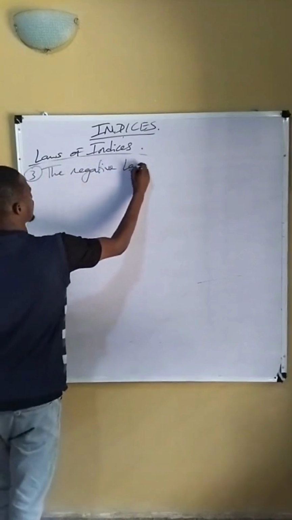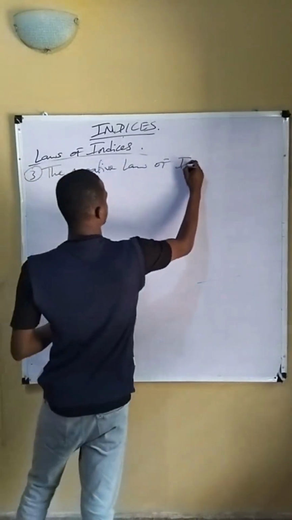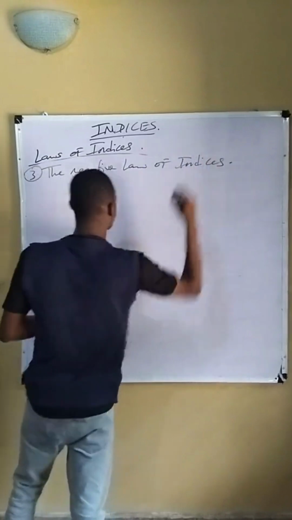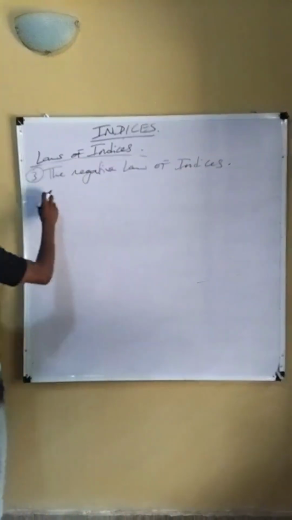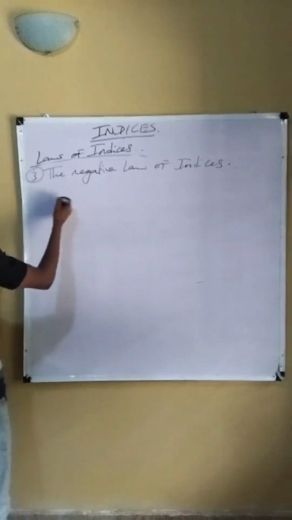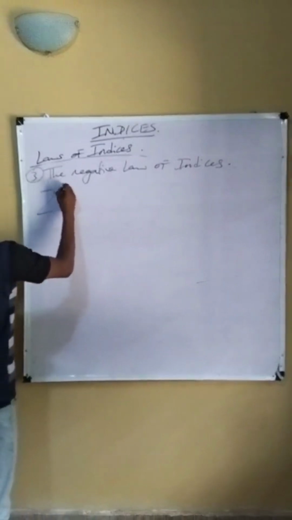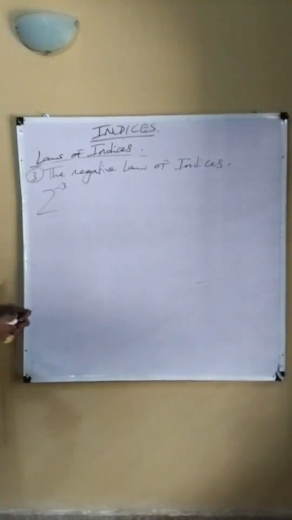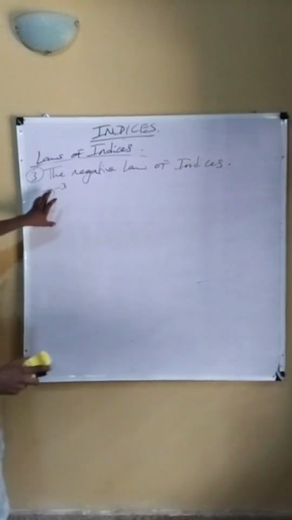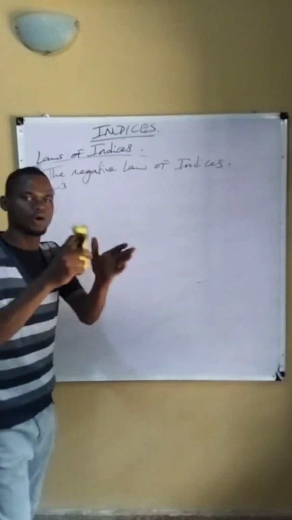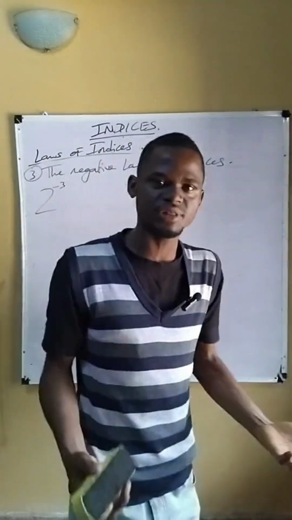Now, this law, let's say for example, you have 2 raised to the power of minus 3. The law says that immediately you introduce 1 all over, the negative sign will be eliminated.